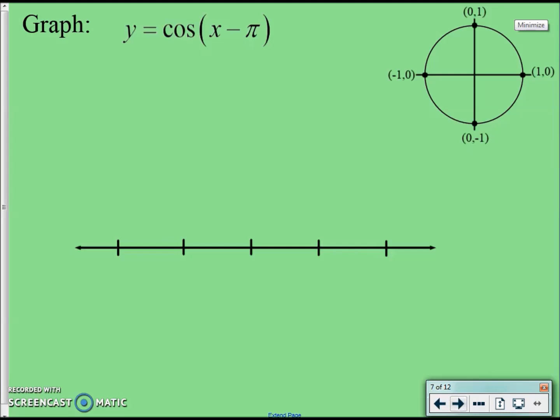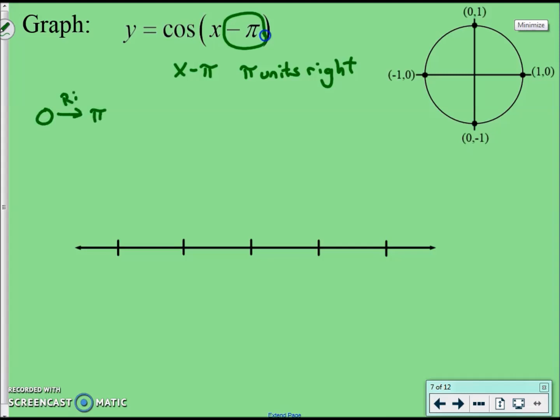All right, so example 2 here has y is equal to cosine of x minus pi. Here we see that our h value is pi, so our x minus pi tells us we have a shift pi units to the right. So if I'm shifting it to the right, instead of starting at 0, I'm going to shift from 0 to pi.